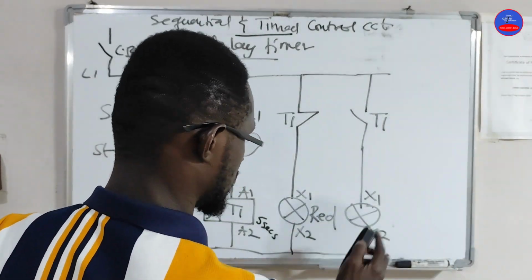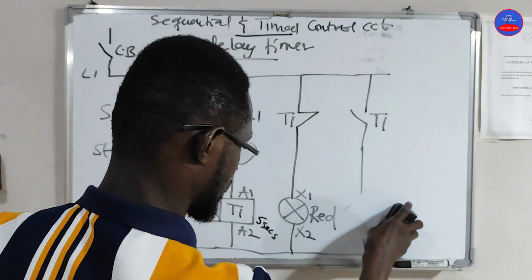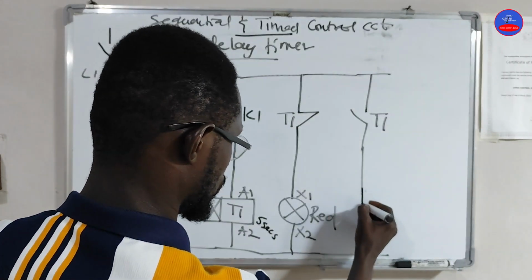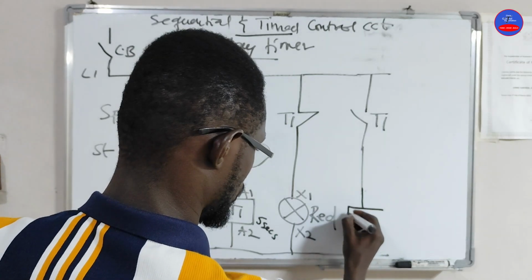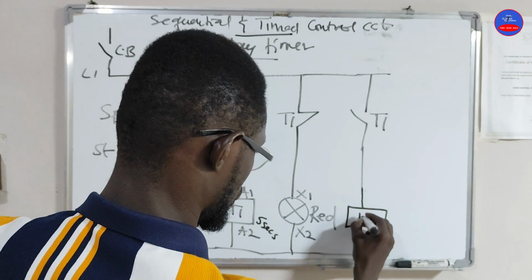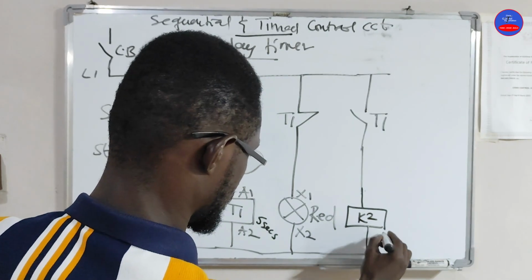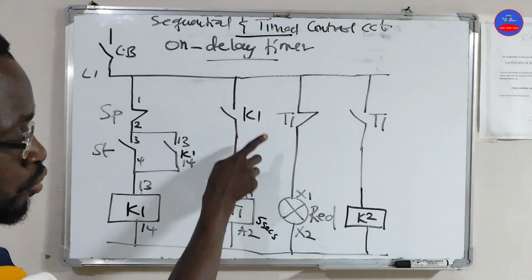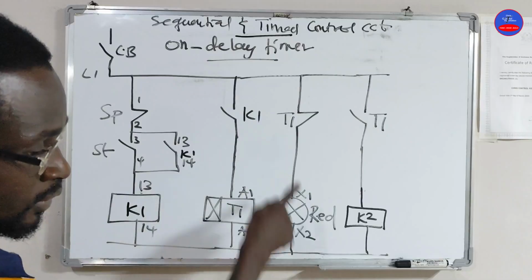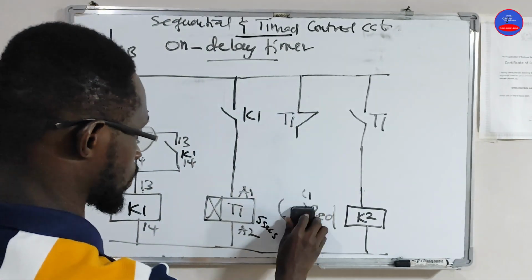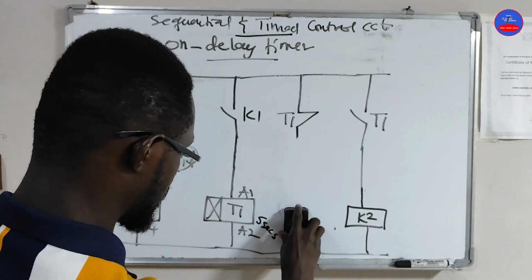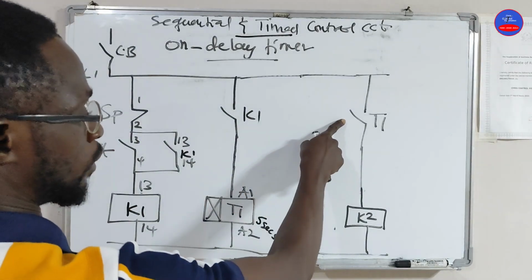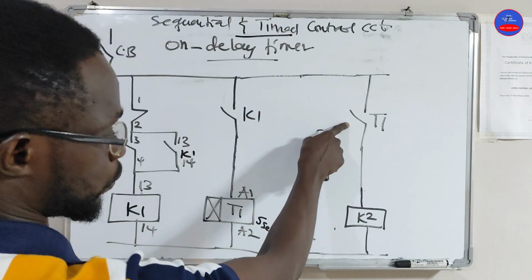Then we use a contactor here, that is K2. You can choose to clean this line, so that you are only going to maintain the contactor. So we have used only one contact on the timer, that is the normal open contact.